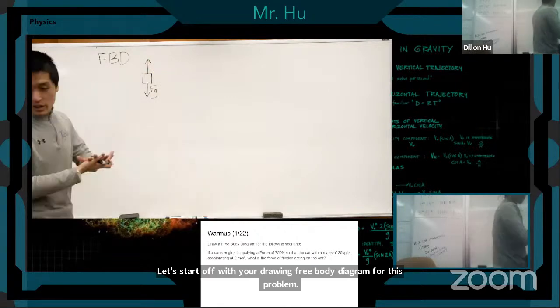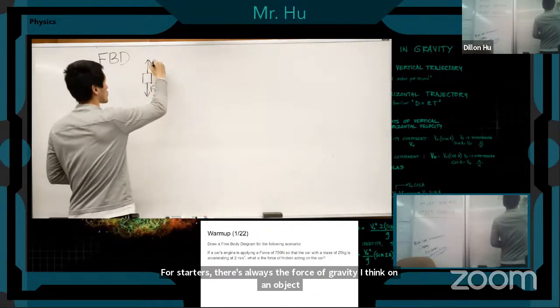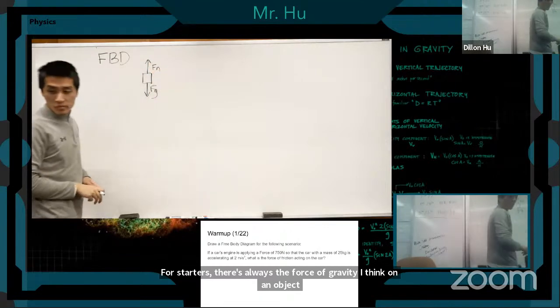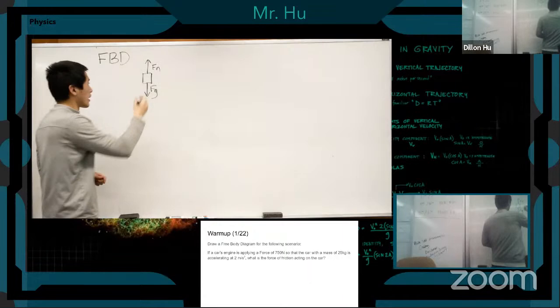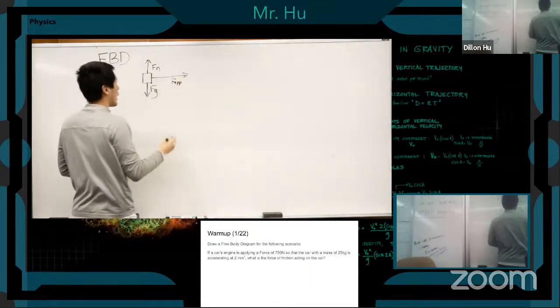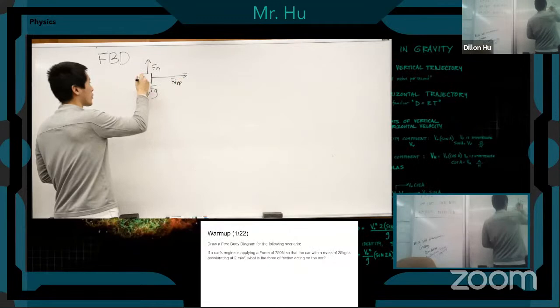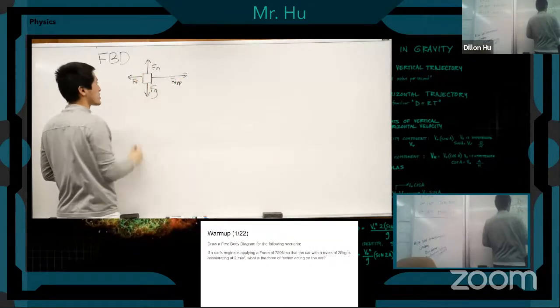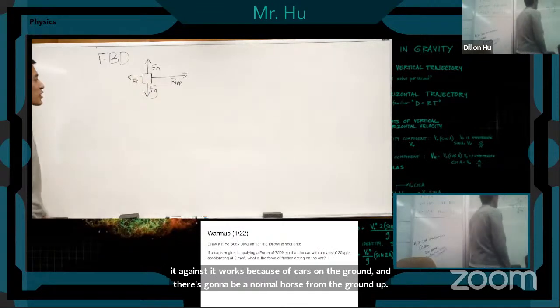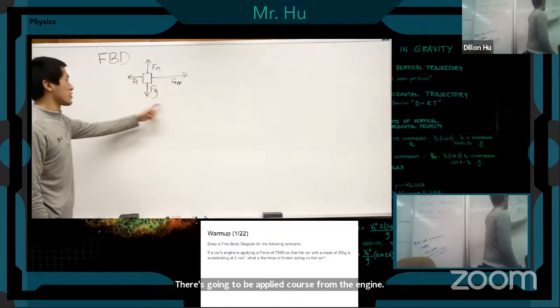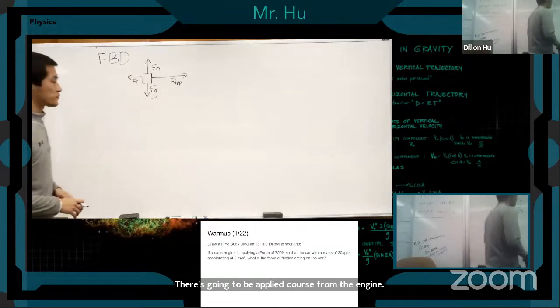Because the car is on the ground, there's going to be a normal force from the ground pushing it up. There's going to be an applied force from the engine. And then there's going to be a friction force pushing against it. Now the friction force is going to be smaller than the applied force because there is a net force, because the object is accelerating.